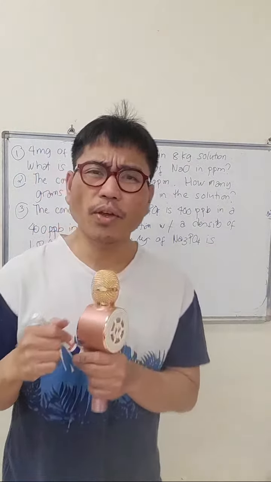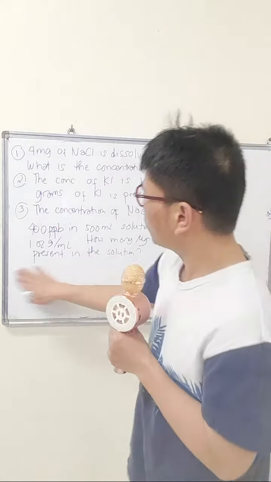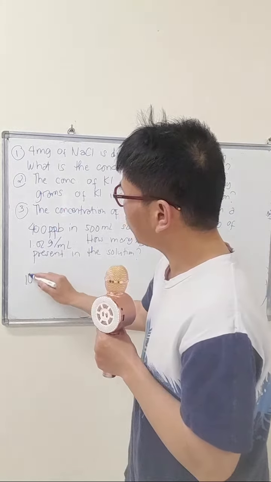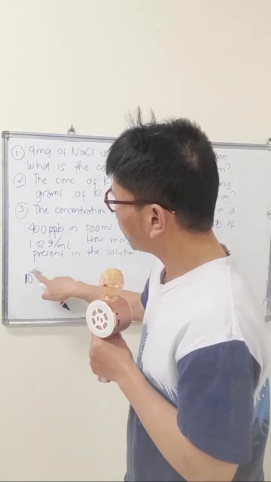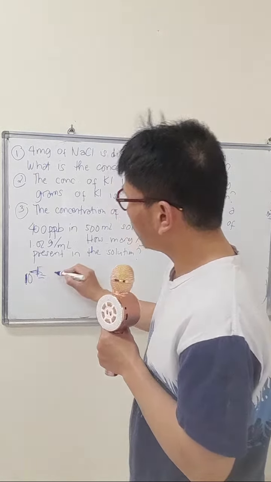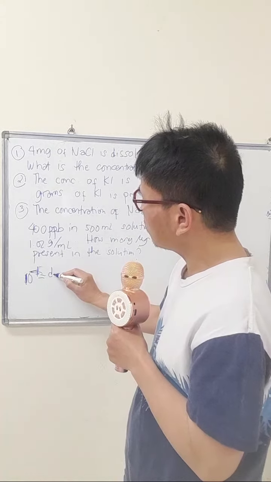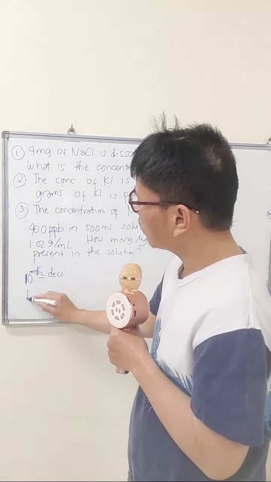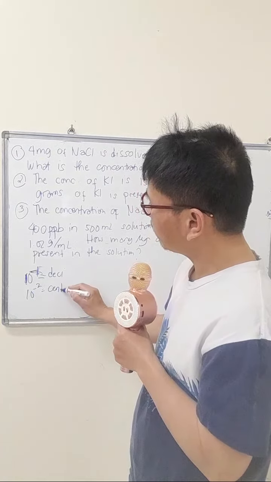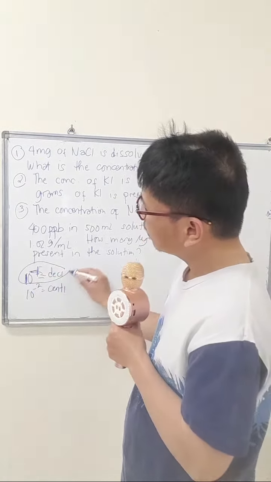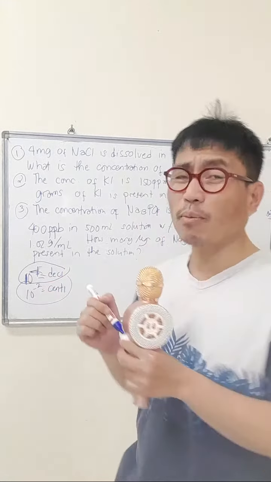So if we have 10 to the negative 1 is deci, 10 to the negative 2 is centi. I'll try to write, guys, because sometimes my memory fails.